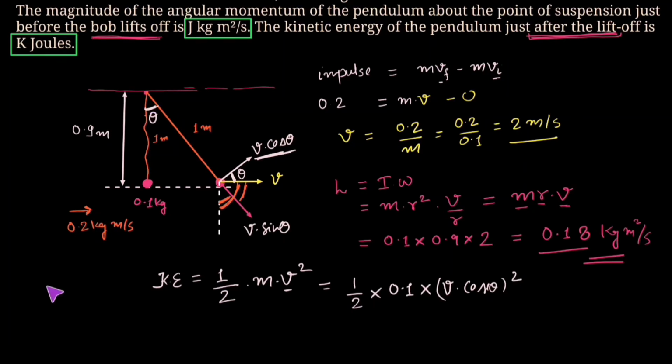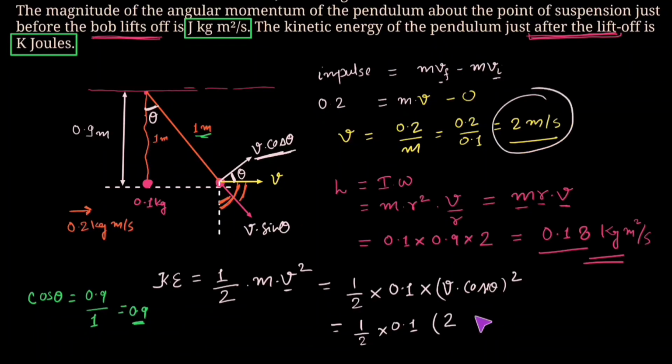The value of cos theta we can easily find out. Cos theta would be base upon hypotenuse. So base is 0.9 and this hypotenuse is 1. So cos theta is 0.9. So this would become half into 0.1. The velocity is 2 meter per second. Here we have just found its value.